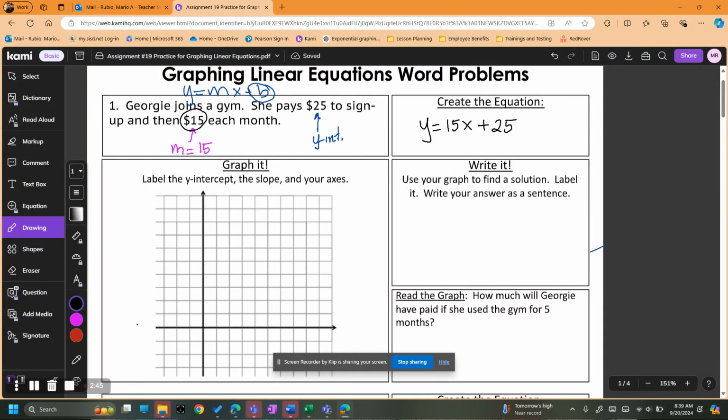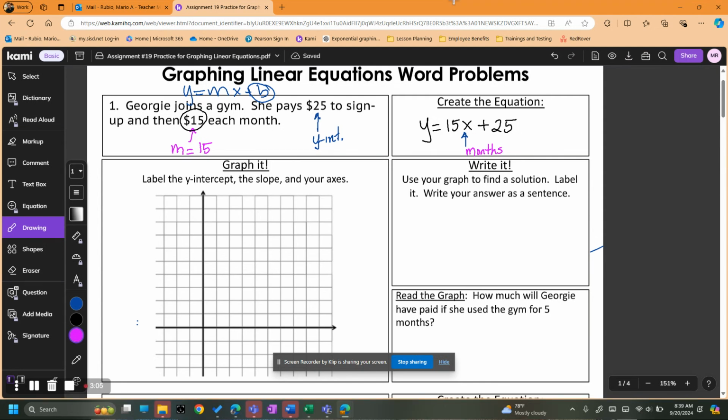As far as the equation, what we're looking at is y equals 15 times x. In this case, it's $15 per month. So x represents what? X is going to be months. 1 month, 2 months, 3 months.